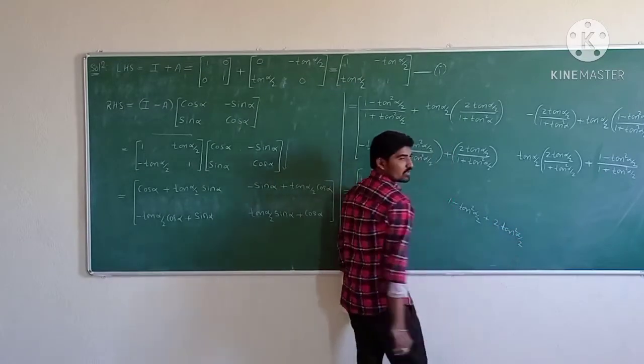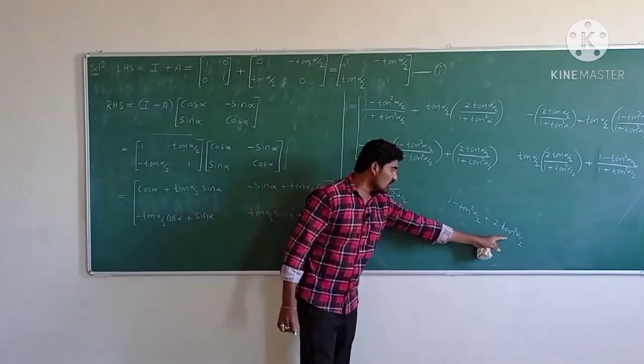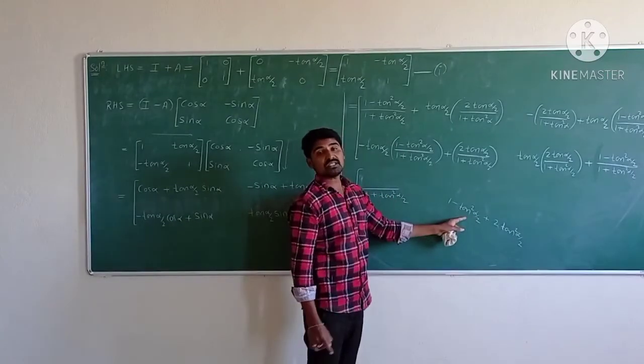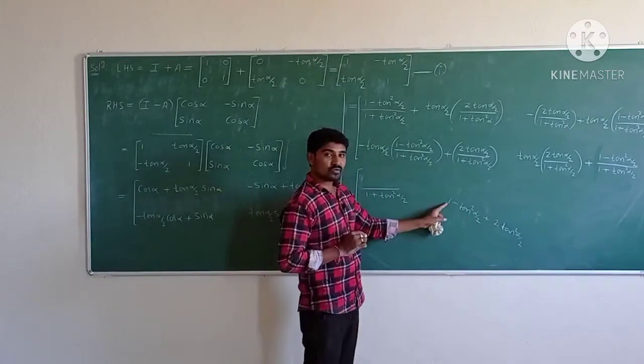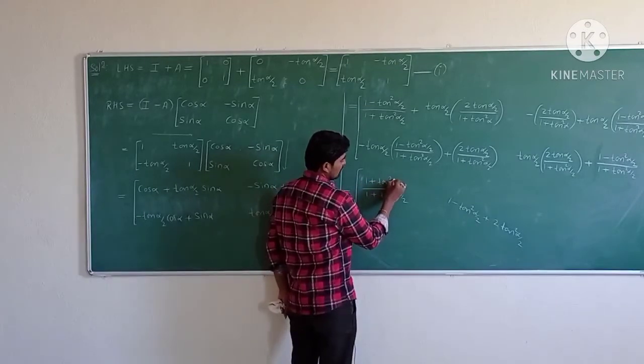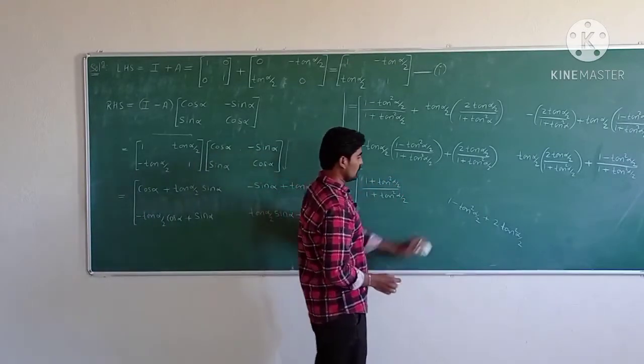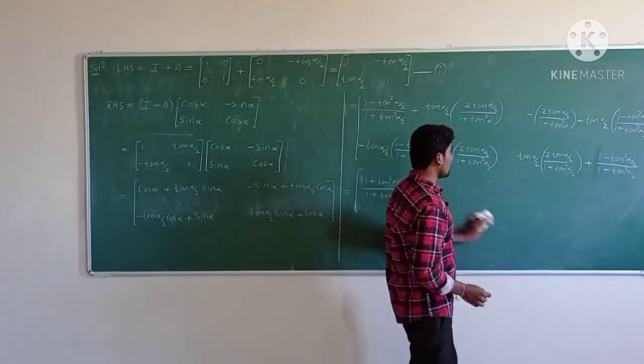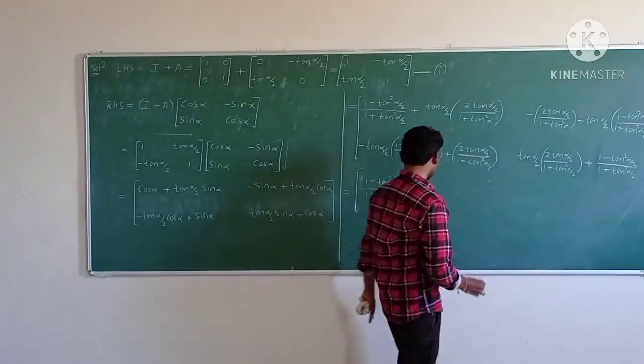Therefore 2 tan square alpha by 2 minus tan square alpha by 2 is tan square alpha by 2, which gives 1 plus tan square alpha by 2. And now here also the LCM is 1 plus tan square alpha by 2.